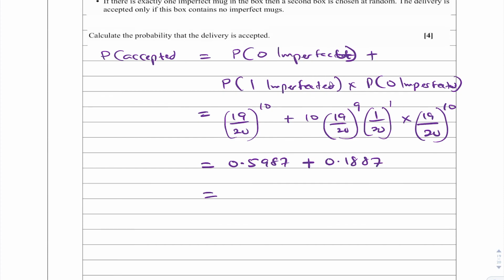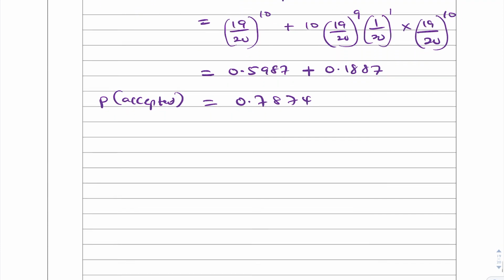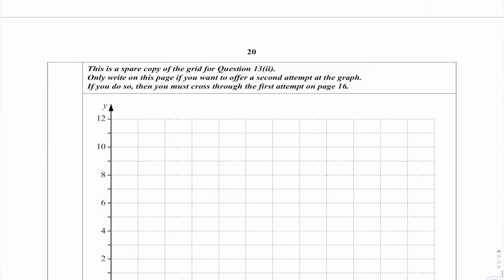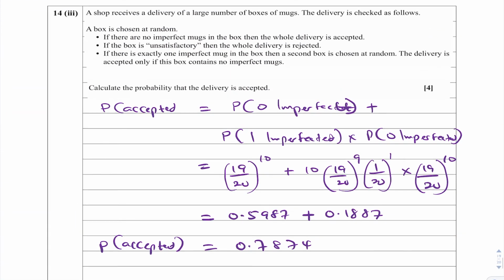When we add them together, we get 0.7874. That's the probability that it's going to be accepted. And that's the end of the solution.